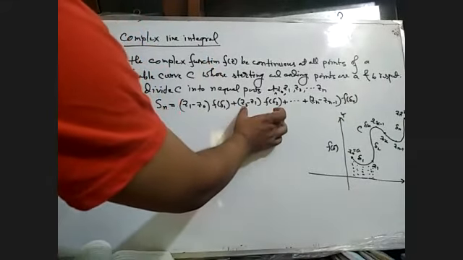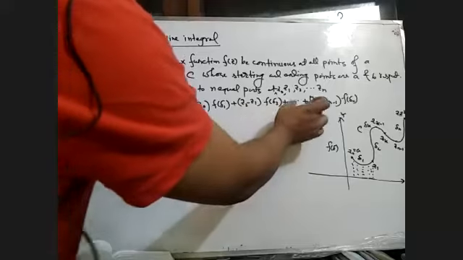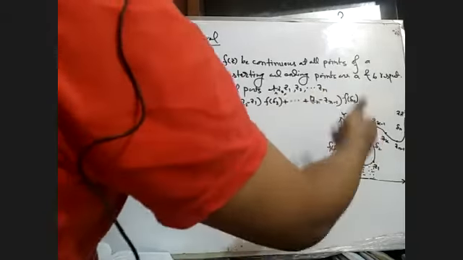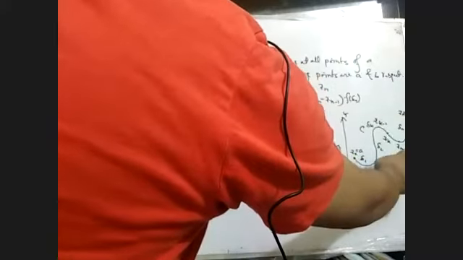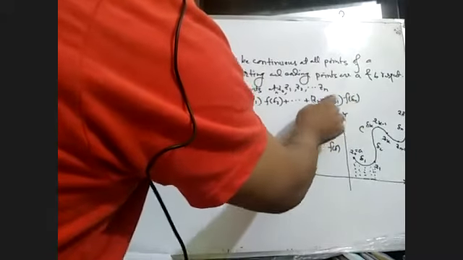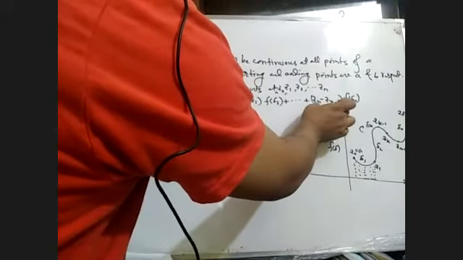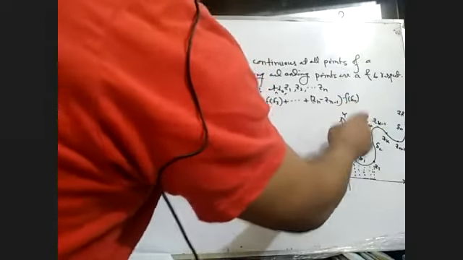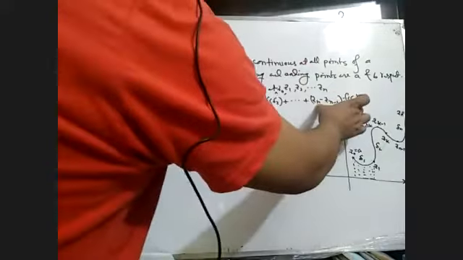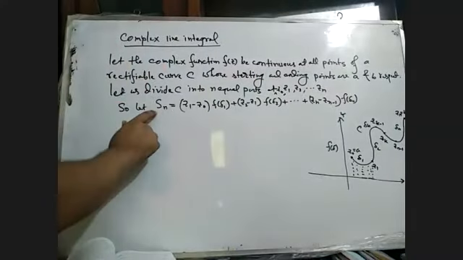In the last, nth part, the length is Zn minus Zn minus 1 with corresponding value f of del n. So for the part from Zn minus 1 to Zn we get this area, and the total area is denoted by Sn.